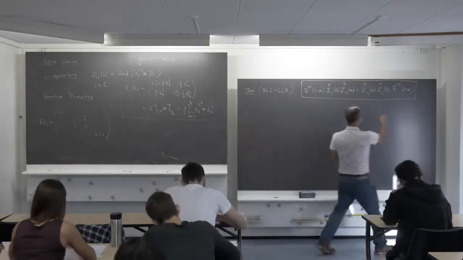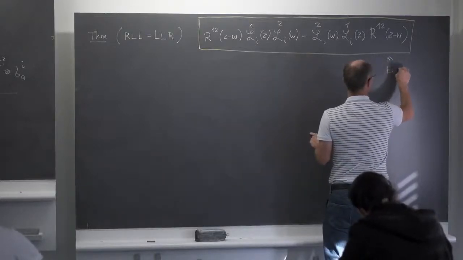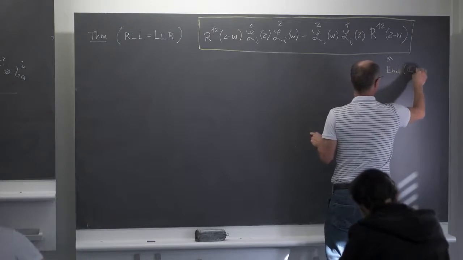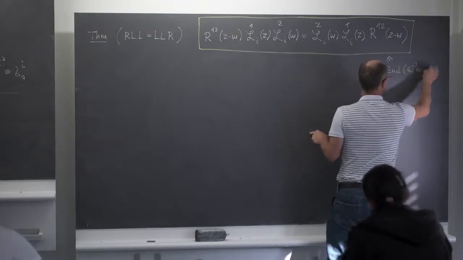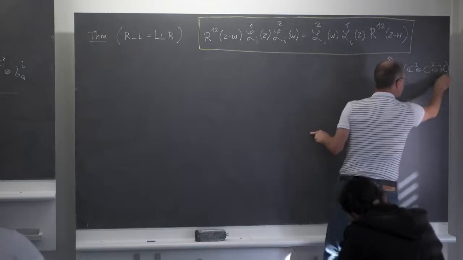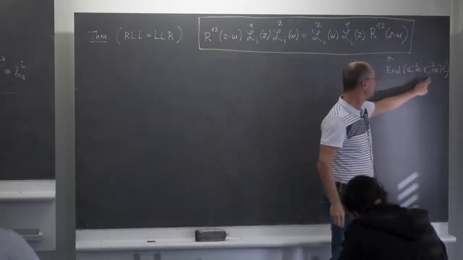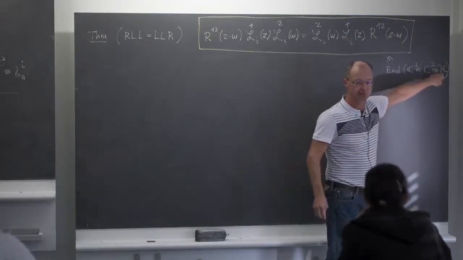So this means that this is an identity in operators which act on this gadget C2 tensor C2 tensor H.